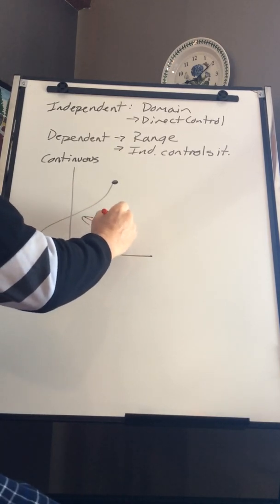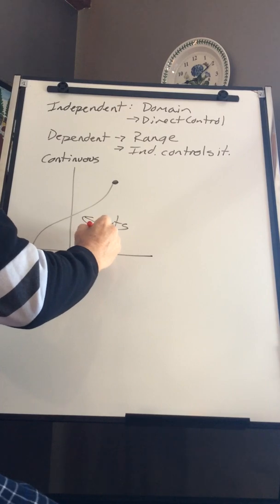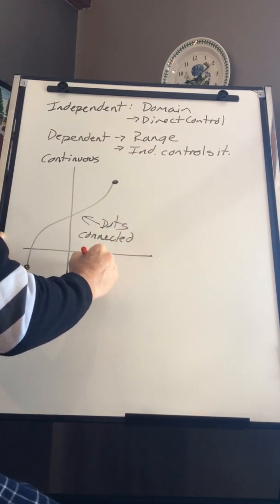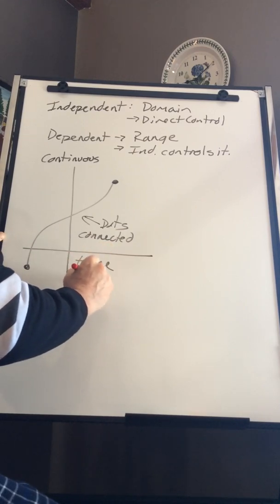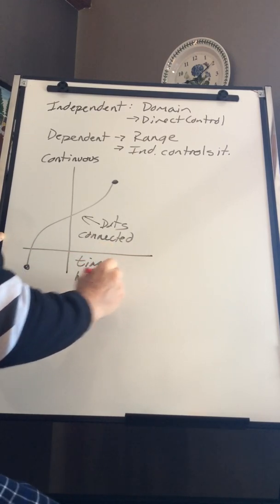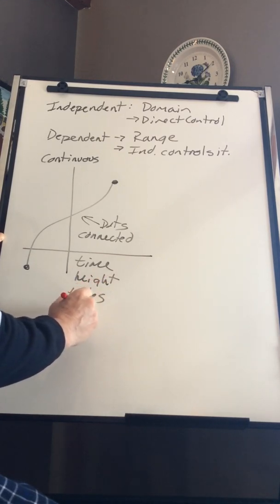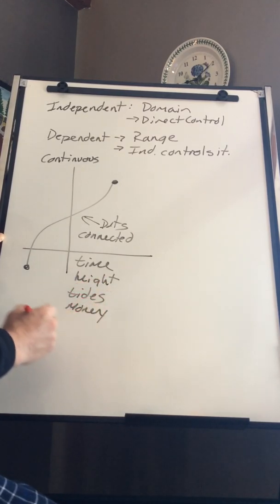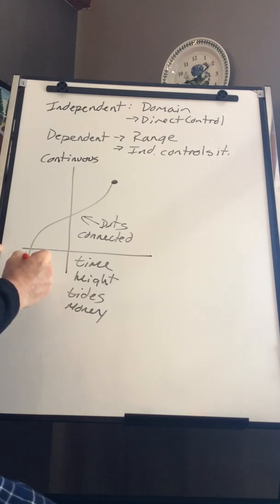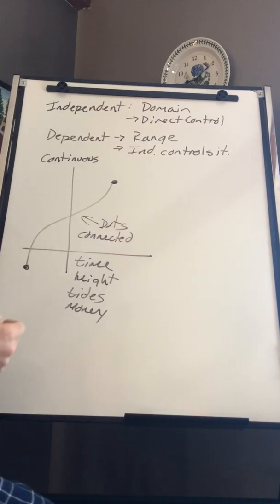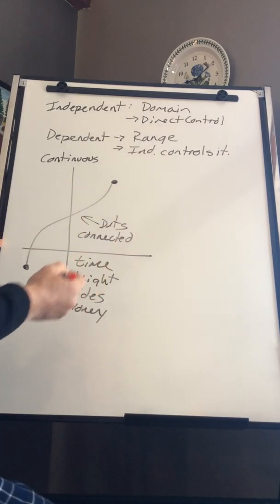Dots connected. If it's a word problem, when you're talking about things like time, height, tides, money, they continue on. So height, you don't just magically go from here to here, you follow this path on the way there. So you connect the dots.